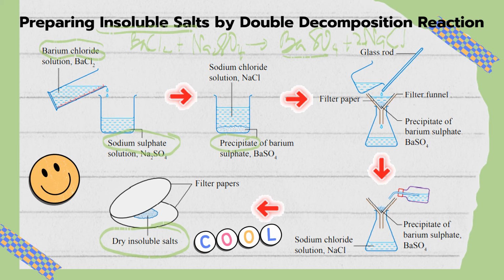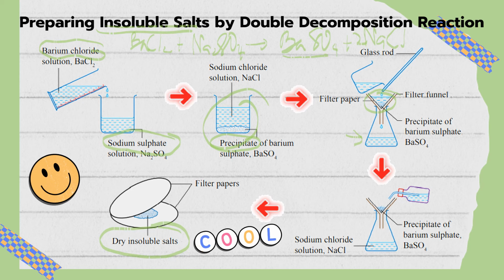You don't say filter the solution because a precipitate is not a solution, and you don't say you filter the precipitate, but you filter the mixture of these two substances. After you filter, the filtrate is sodium chloride, and the residue is barium sulfate.